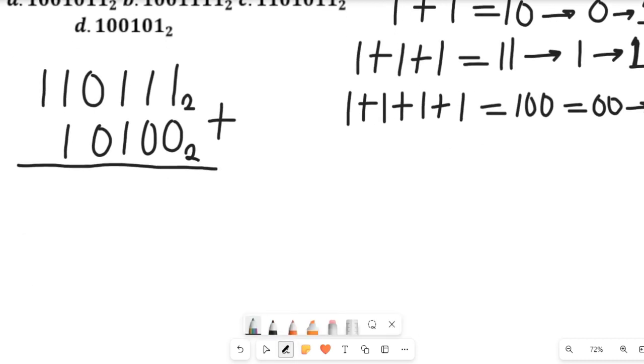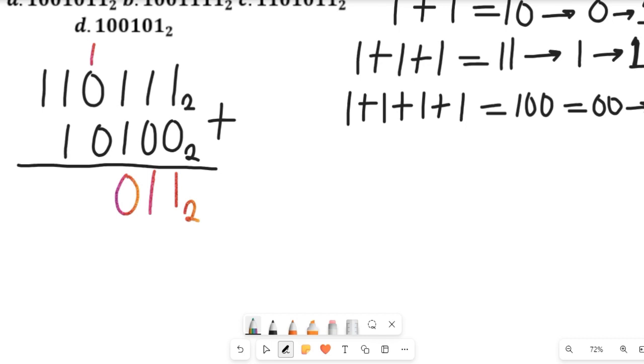Applying the first rule, 1 plus 0 is going to give us 1. Now remember, all are going to be in base 2. Now 1 plus 1 is going to give us 10. We'll write 0 and carry 1 to the next column.